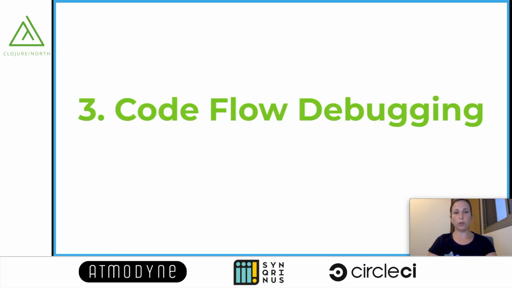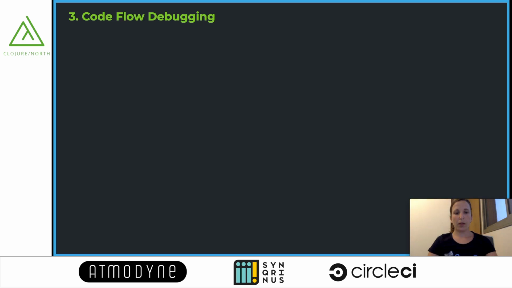So let's talk about code flow debugging. Let's go to an example, and let's say we have a map. This map contains a vector, a list of languages, and let's say we want to call a function that will return the first element of this vector, which is Clojure, and will print Clojure is awesome.